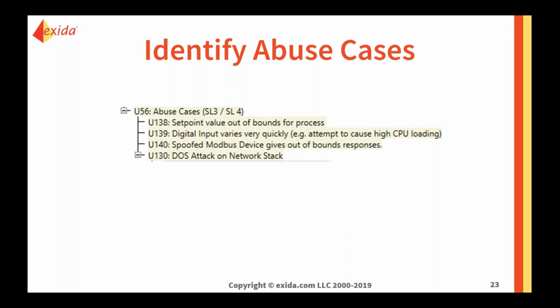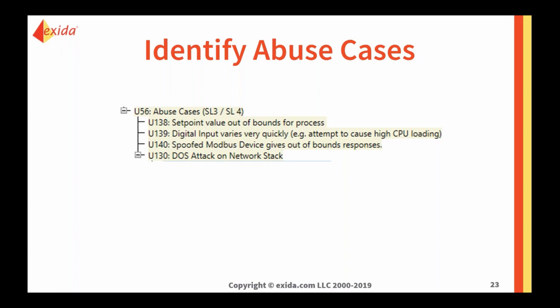They want to try to cause the system to go into an unsafe state, or into a state where they can control other systems through that system. So they might try to set the set point value out of bounds for a particular process to cause the process to fail, which would cause issues with their manufacturing process, for instance, or cause failure of a particular piece of equipment.